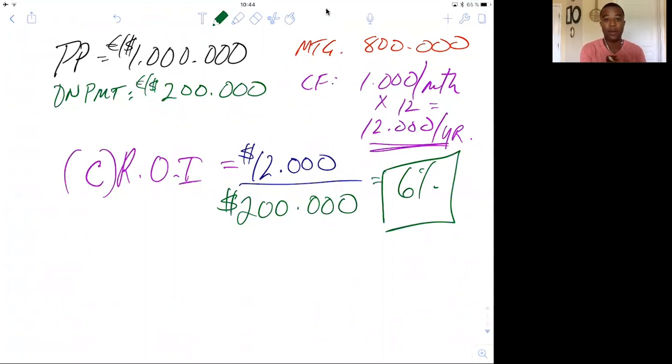So the idea now is that you've gone from the data that you had to having a bit more information: placing your 200,000 in one place was able to return 12,000 during the first 12-month period. So the question you should be asking yourself is, if you had $200,000 to use, is that $200,000 best placed in this investment that's going to give you a cash return in the first 12 months of 6%, or should you be looking for something that is more?